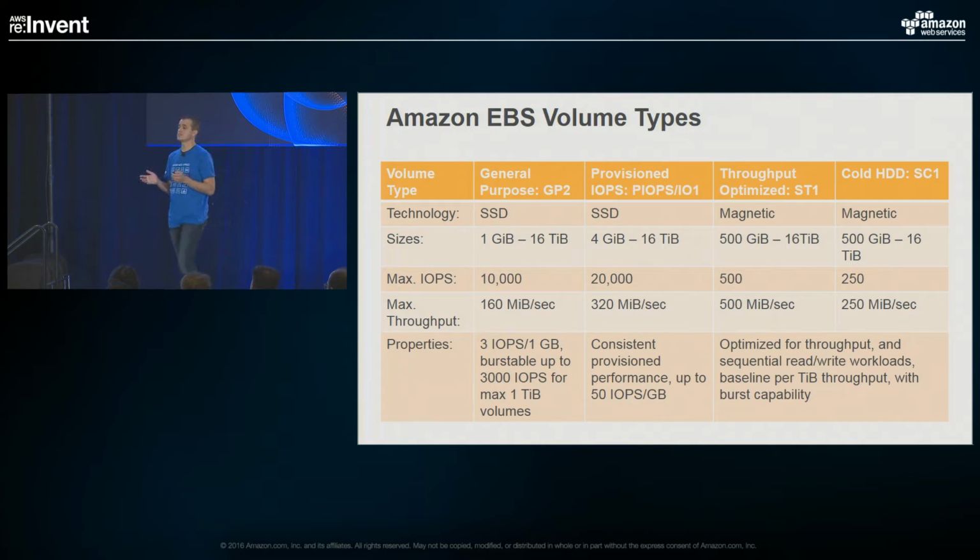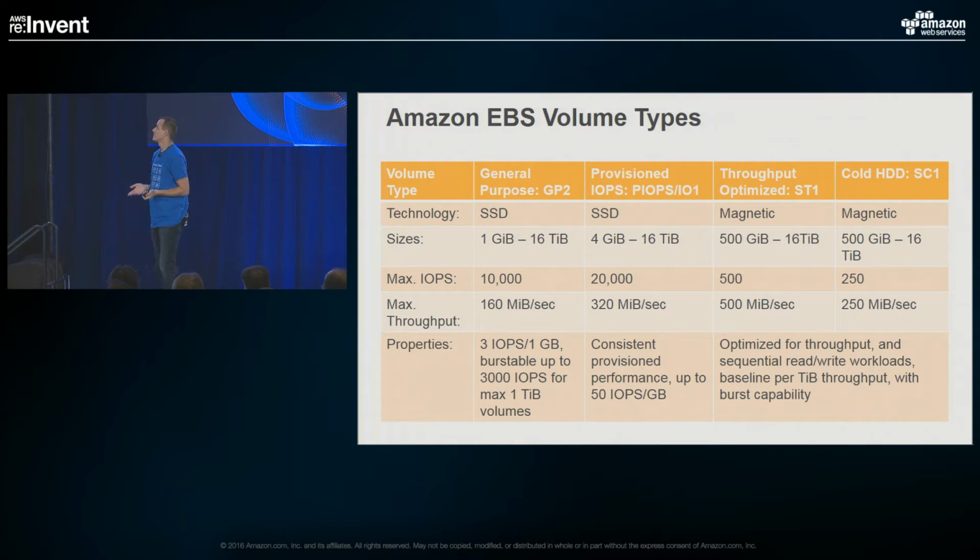There's also 2 volume types that are magnetic, and these are designed for use cases for large sequential read and write throughput operations. So the last 2, the magnetic ones, they're not very good for hosting database files, but they can be very effective in support roles for your databases.